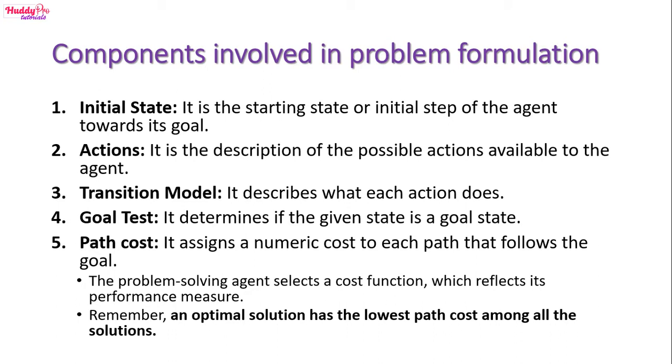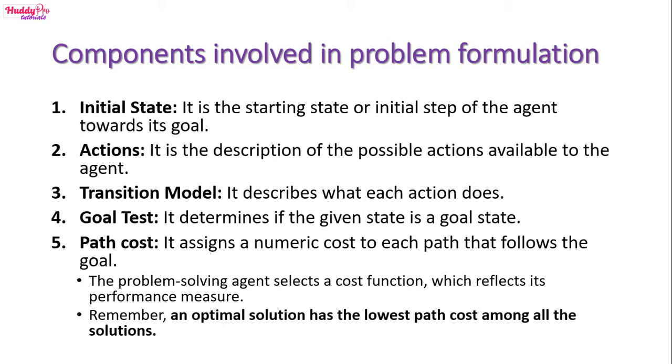Now remember, its aim is not just any solution, but the goal-driven agent will always need to find an optimal solution. This is the solution that has the lowest path cost among all the solutions. So it always looks for the best solution, the solution that has the lowest path cost.